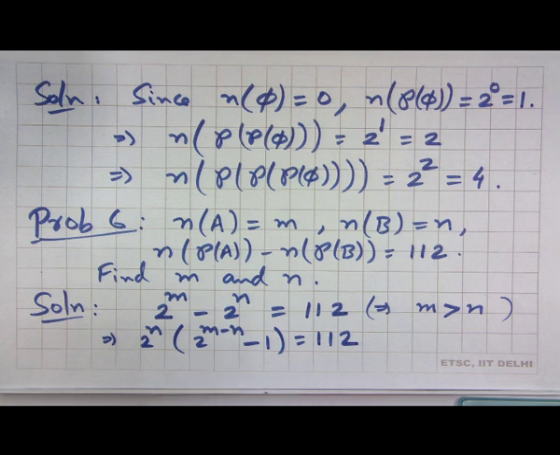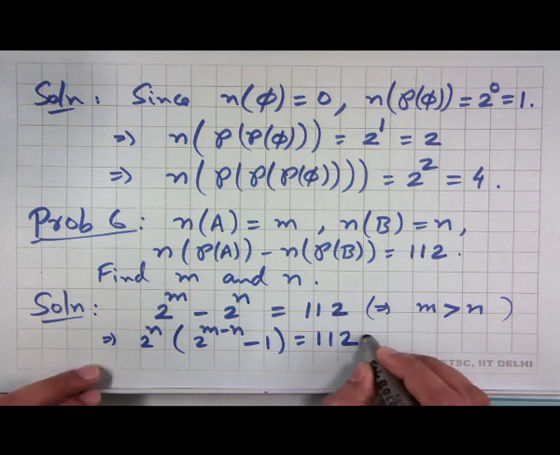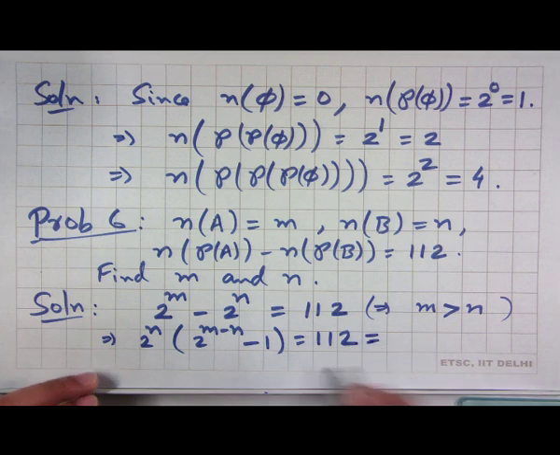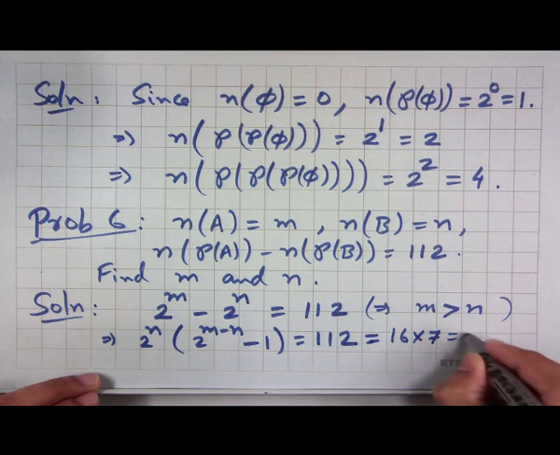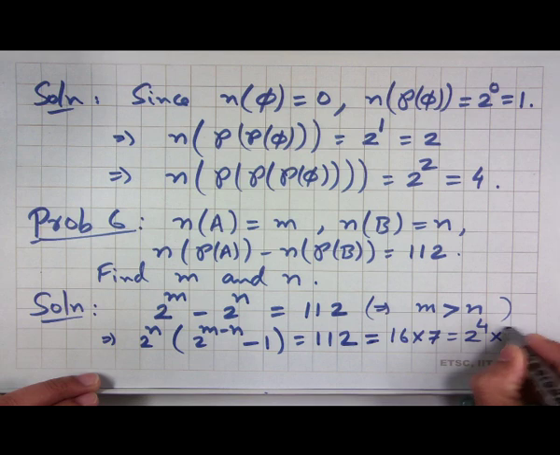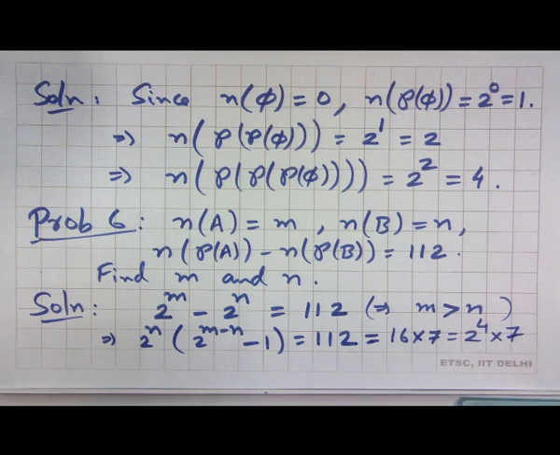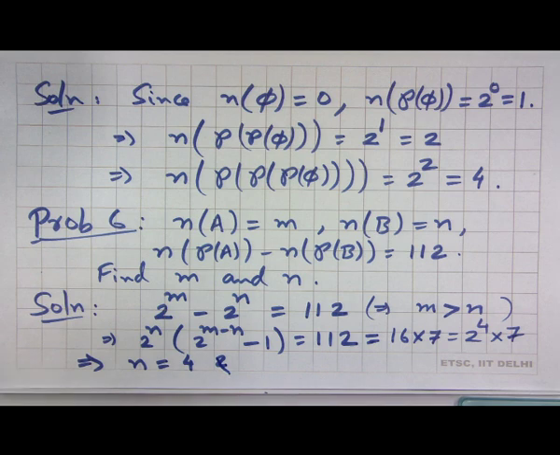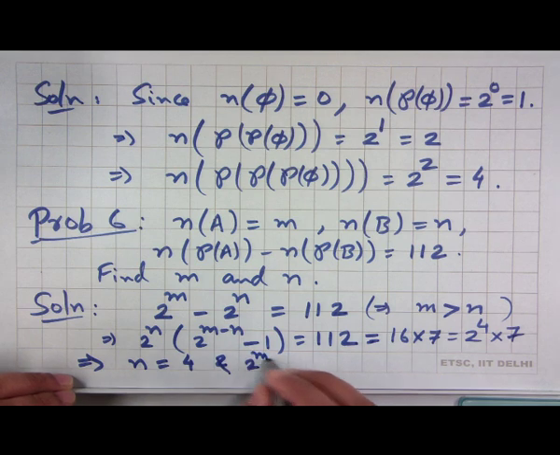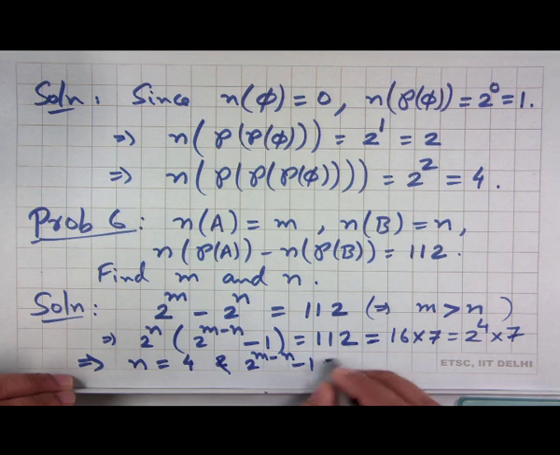So, what you try to do is just write 112 as a product of, so this can be written as 16 times 7, which is equal to 2 to the 4 times 7. So, this implies n must be equal to 4 and 2 to the m minus n minus 1 is equal to 7.